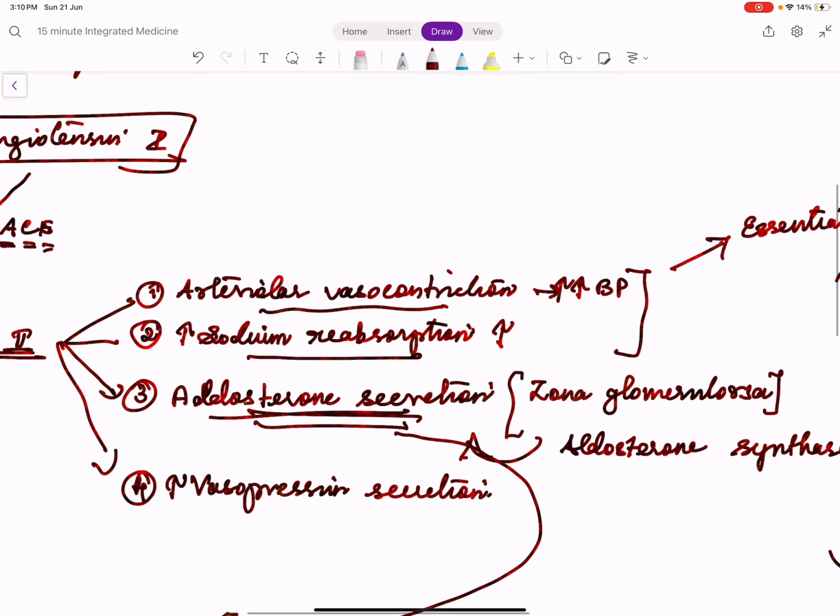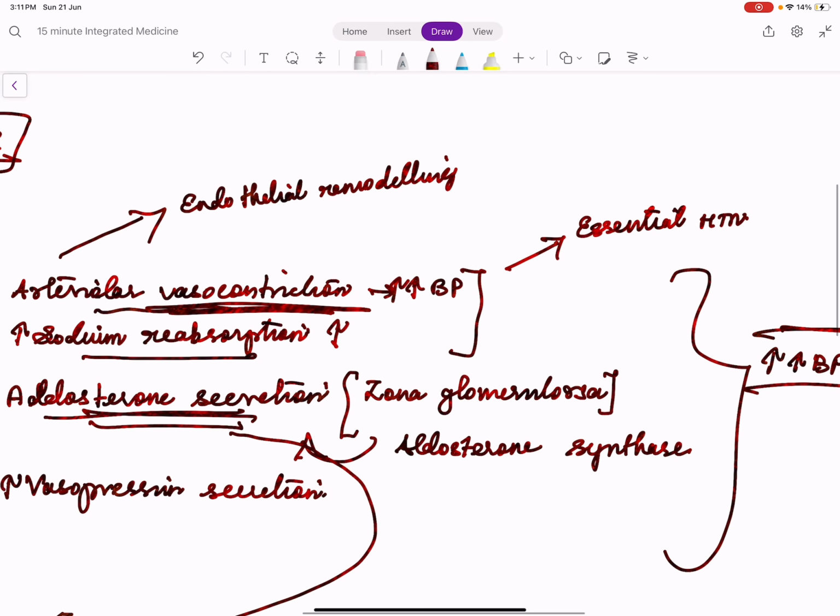Long term, apart from vasoconstriction, it also has deleterious effects like fibrosis of vessels and endothelial remodeling, which are not good for the body. They lead to arteriosclerosis, hypertension, heart failure and renal failure.